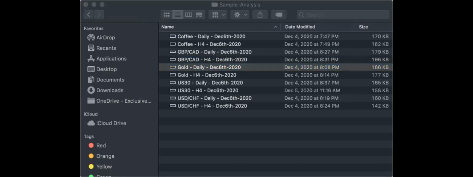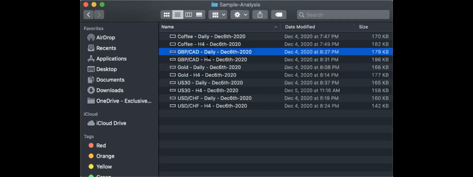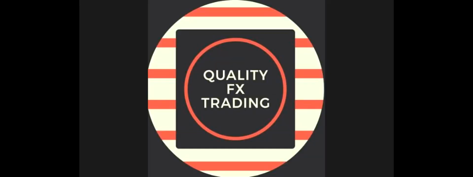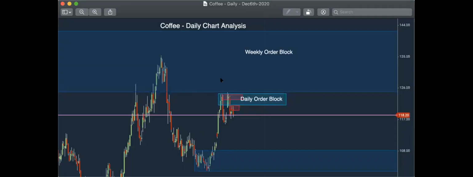This is gold, which we discussed. Let me see. Yeah, this one is also good as a last example. This is the coffee daily chart.